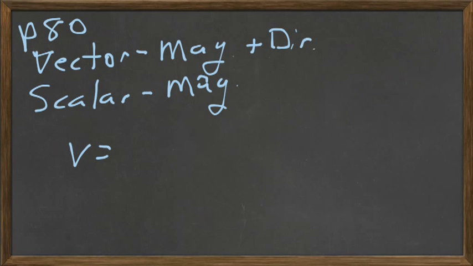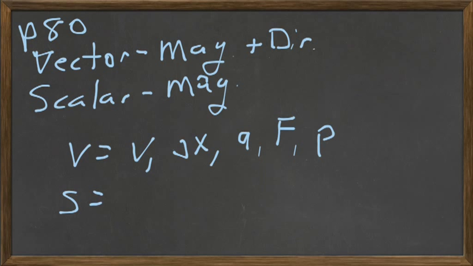So things that are vectors we've talked about in kinematics: velocity, displacement, acceleration. Other examples are things such as force and momentum, whose variable is a little p.